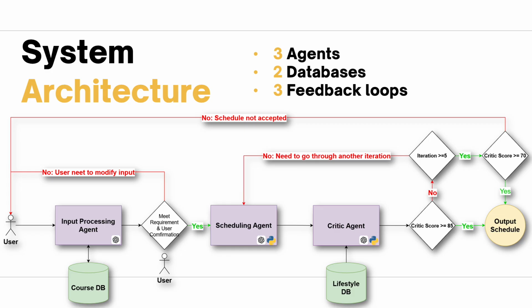If this score is above 85, then we can accept it. So you can see if the maximum iteration is met and we still don't have at least a score of 70, then we will say there is no valid schedule for this input.